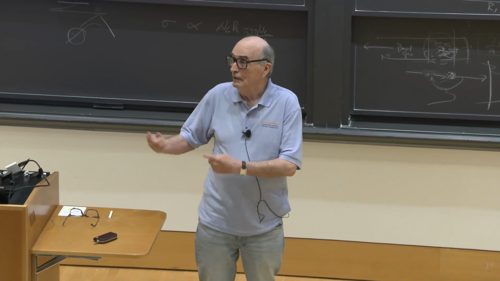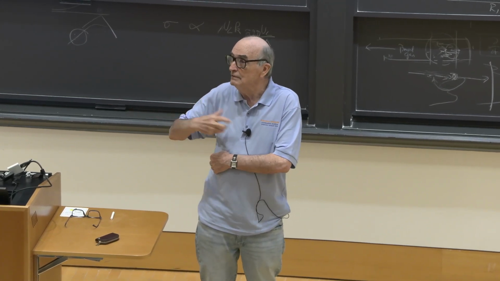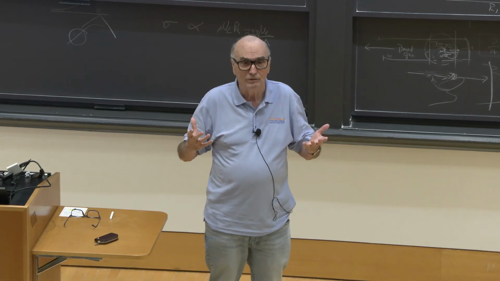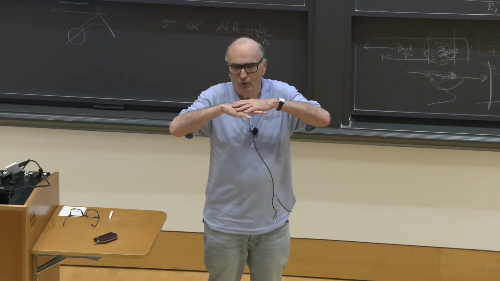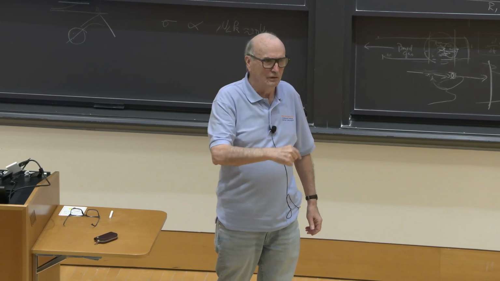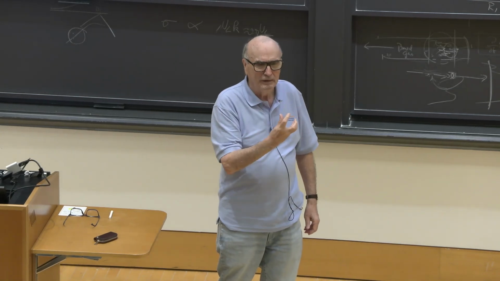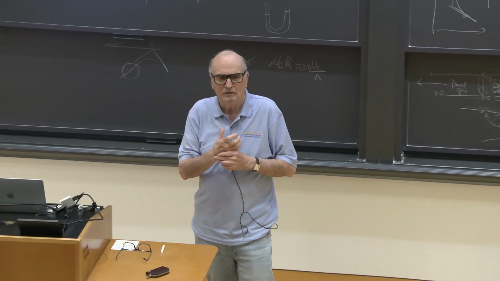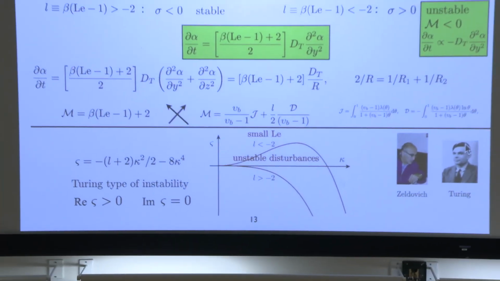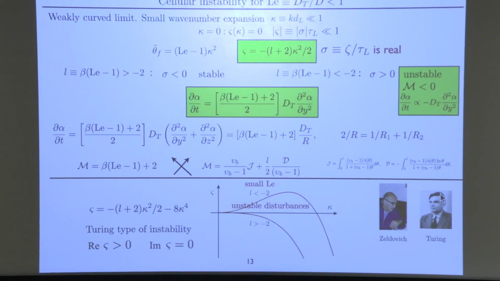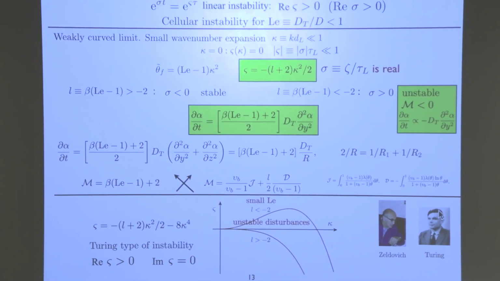Why? Because the linear growth rate for any perturbation is non-zero. So, starting from something uniform, you can go to a structure. And this is why Turing tried to understand what is called morphogenesis, how the structure can be built from something uniform.